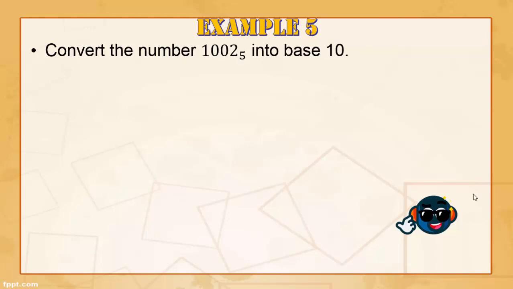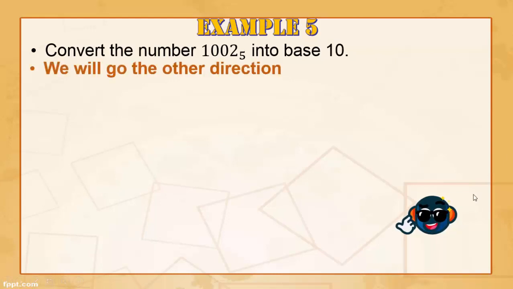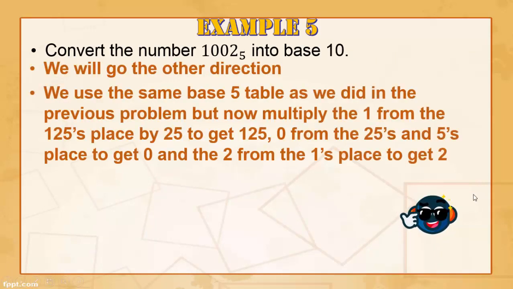Summarizing what we just did on the whiteboard. So we use the same base 5 table as we did in the previous problem, but now we multiply the 1 from the 125's place by 125, and 0 from the 25's place and 5's place to get 0, and the 2 from the 1's place to get 2.